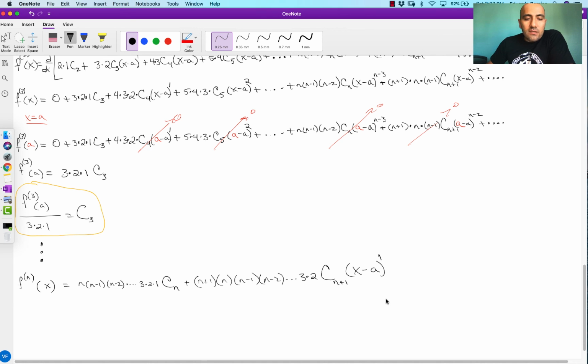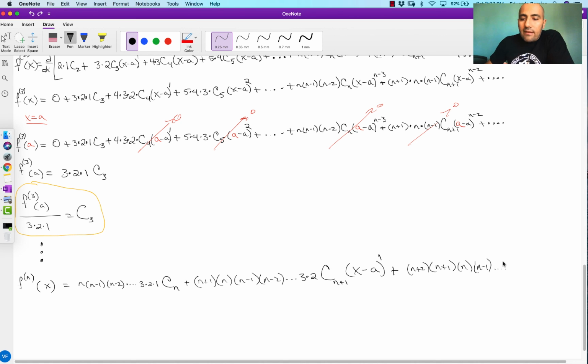That's the pattern we're going to see. And the one that comes after that, just to make sure the pattern continues, this one's going to start with a countdown of n plus 2, and then n plus 1, and then n minus 1, and so on and so forth. And it's going to end up at 3.